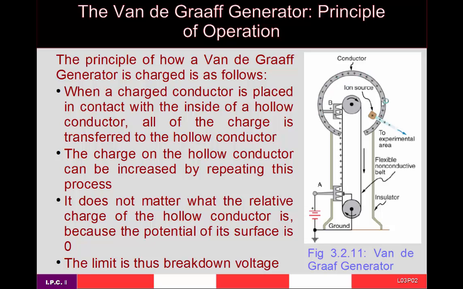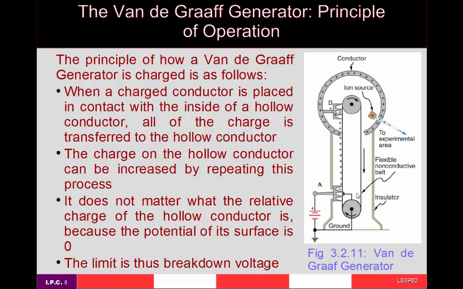This very large potential difference between the conductor and the ground means that there are field lines moving away from this conductor. A little particle that you've shot just barely through is now going to be accelerated along the field lines far away to whatever experiment you're doing.